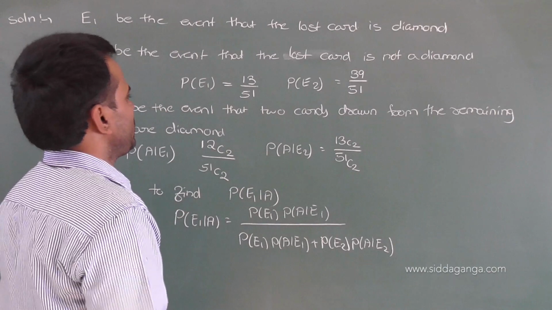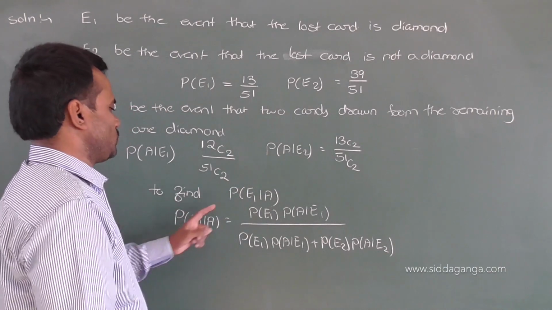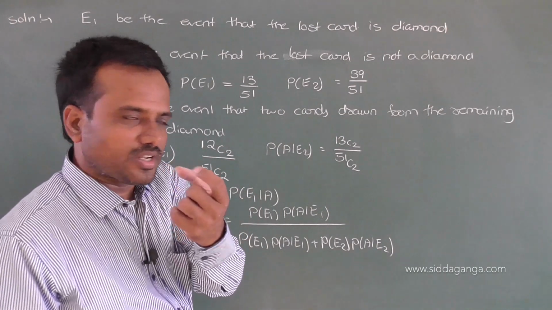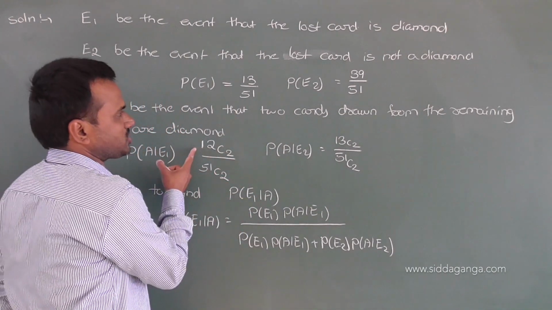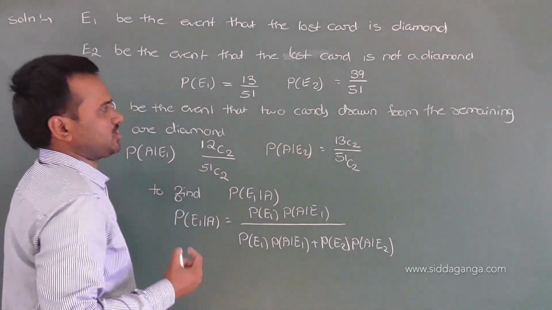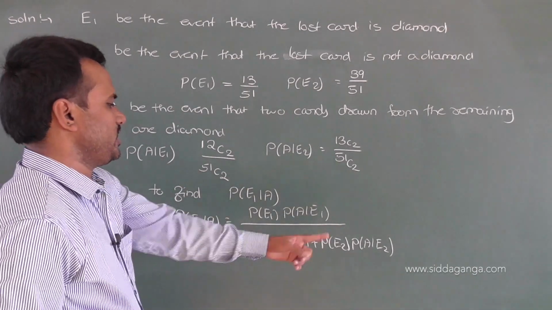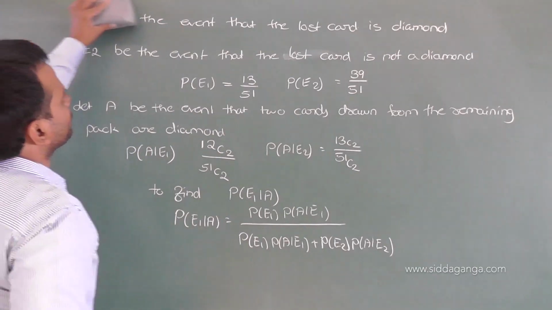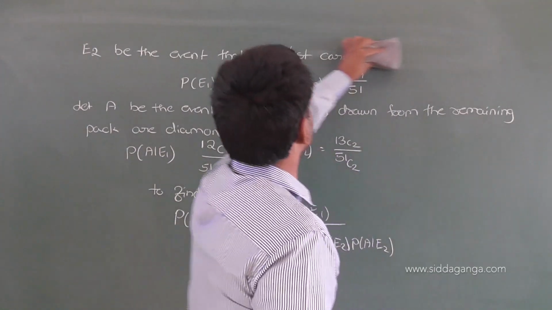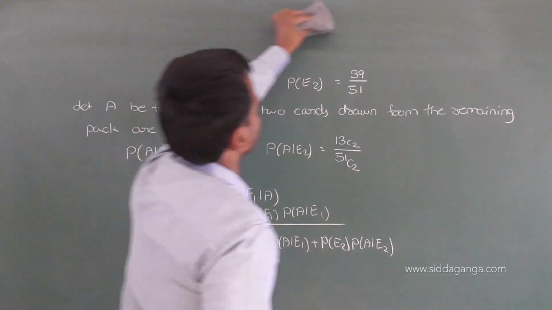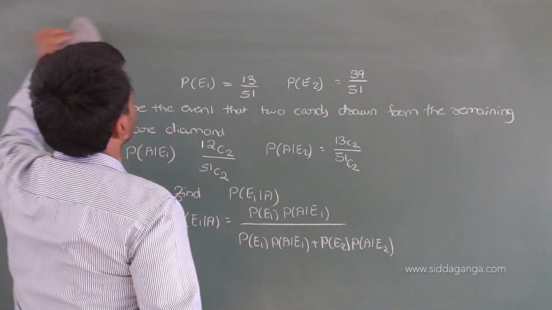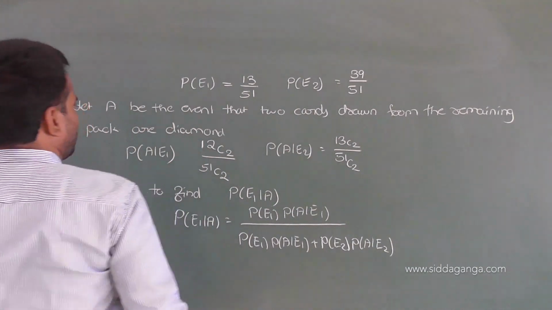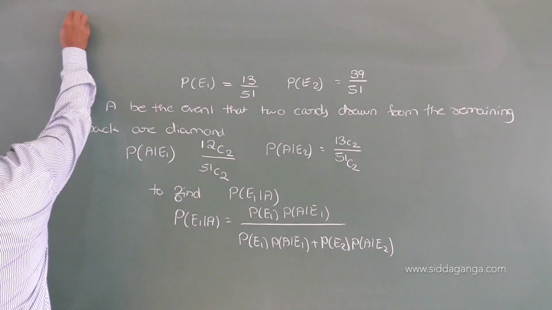Why I write 2? Because we are selecting two cards here from the remaining pack. Substitute all the values.